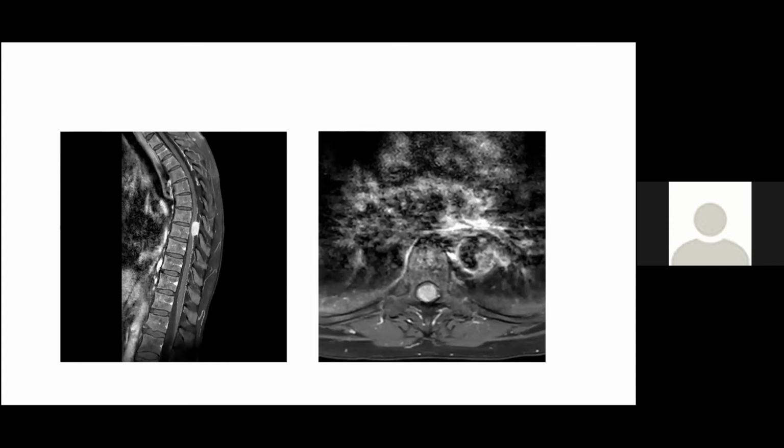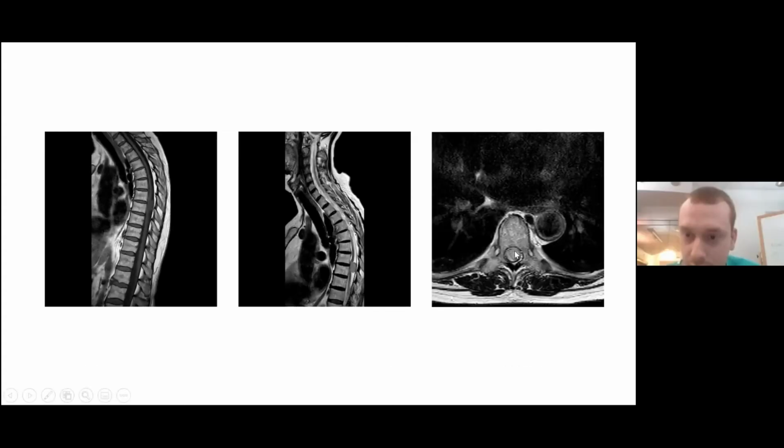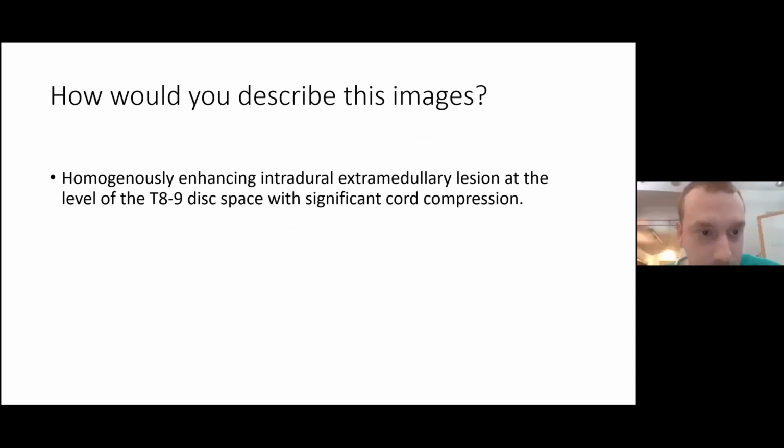I would say looks extradural. But I have to go back to T2. Actually, I would say intradural and extramedullary lesion. Okay. Perfect. So basically, a homogeneously enhancing intradural extramedullary lesion at the level of T8-9 with cord compression. Very good.